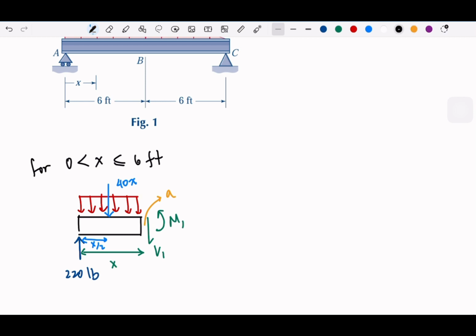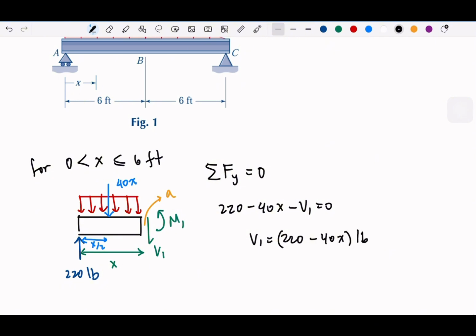First of all, we can find V1. We take the sigma force in the y-axis: 220 minus 40x minus V1 equals 0. So V1 is 220 minus 40x pounds.